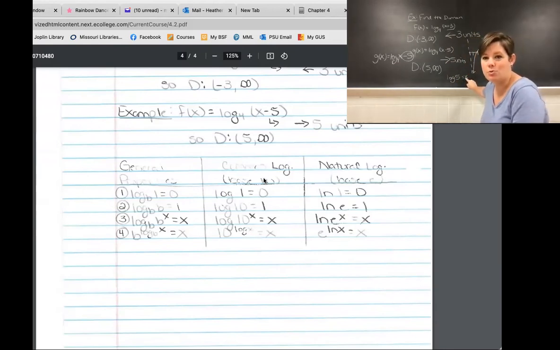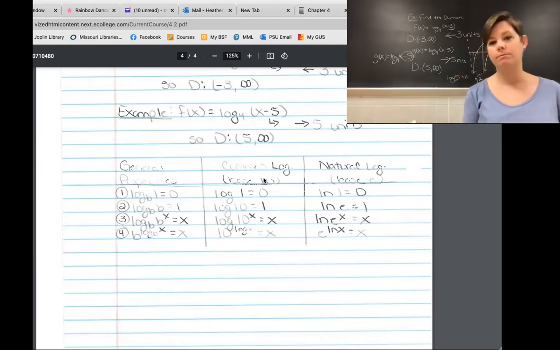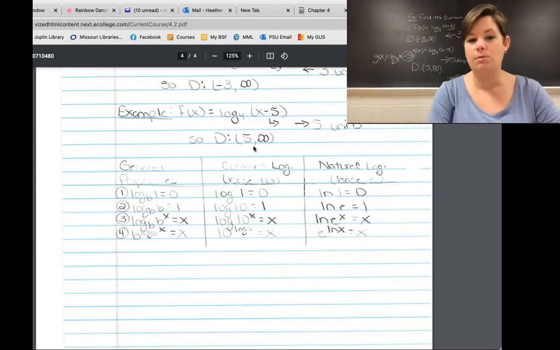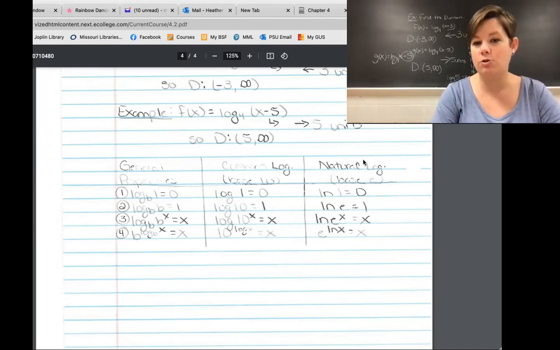It's kind of like this x over here. We don't write that there's a 1 out in front of it, or the square root of 2. We don't write this little 2 out here because it's just understood. So the common log is a base 10, and we don't write a little 10 there, but that's what's there, okay? So there's common log, and then there's the natural log, which is going to be base e.